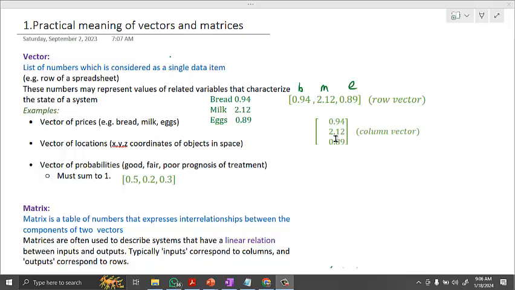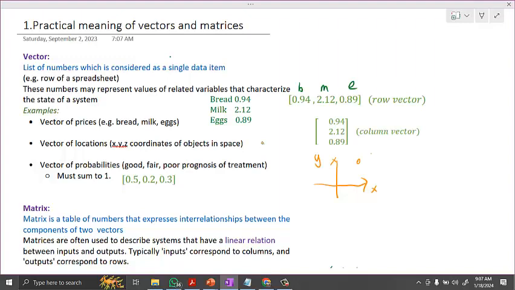But if I want to specify the location of an object in space, you'll have three numbers: the x-coordinate, the y-coordinate, and the z-coordinate. So I can draw that. Typically, you make a coordinate system. If you have two dimensions, you would have the x-coordinate here and the y-coordinate here, right?